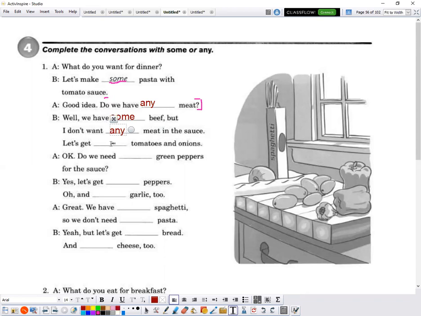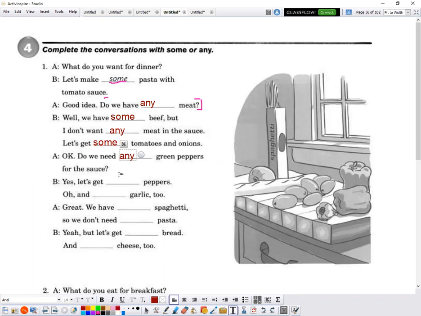Meat in the sauce. Let's get tomatoes. Why some? Affirmative, yes. Okay. Do we need greens? Why any? Yes, question.